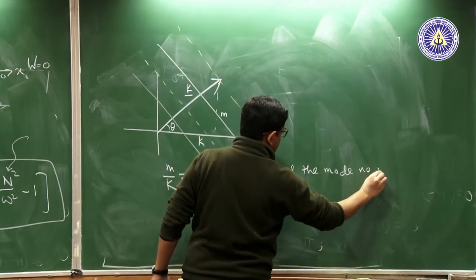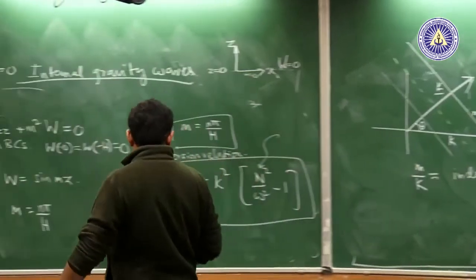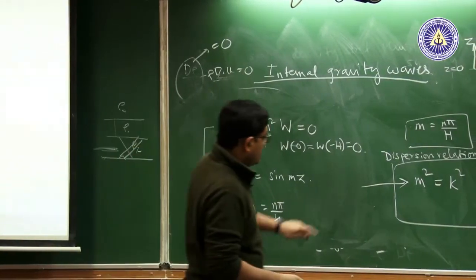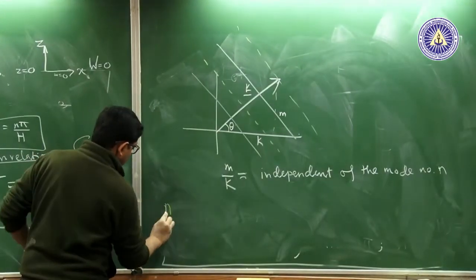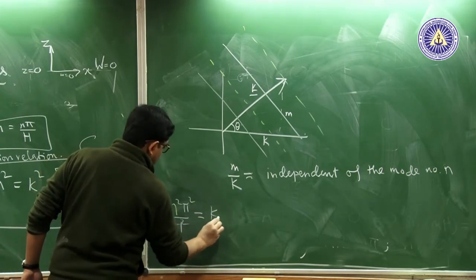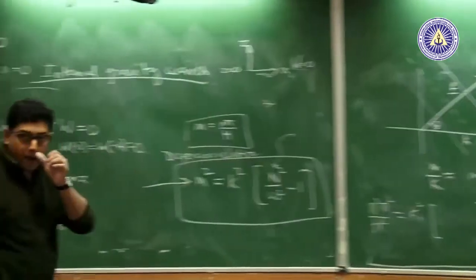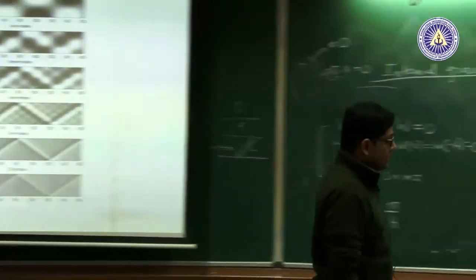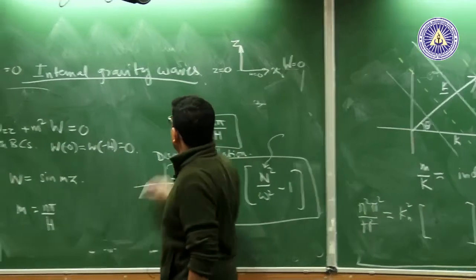This is one thing. The other thing is, let us write this one as n square pi square by h square is k_n square times something. This is the wave number corresponding to the nth mode. So, what is the first mode?